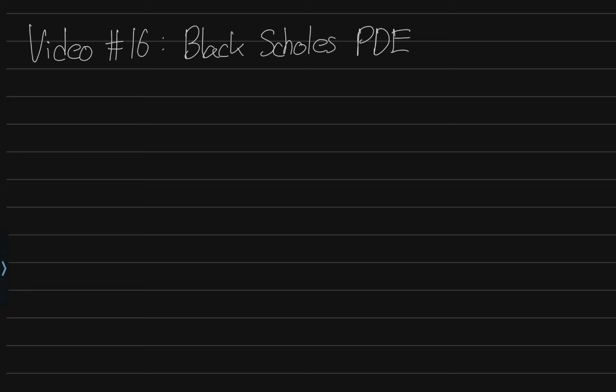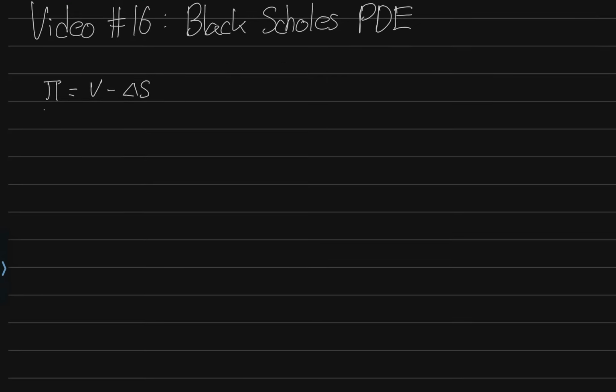So before I do that, I'd like to reiterate what we've discussed in the previous video, which is the following. We constructed a portfolio represented as pi. As such, we represented it as one of our financial derivative minus a delta amount of our underlying stock for the financial derivative.